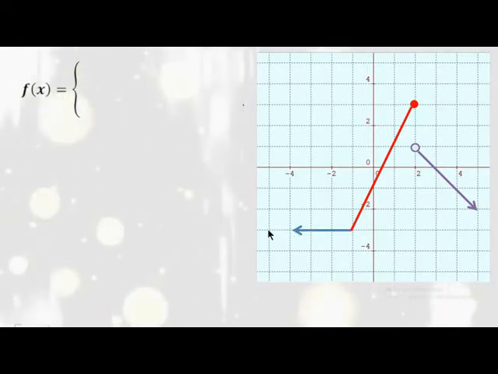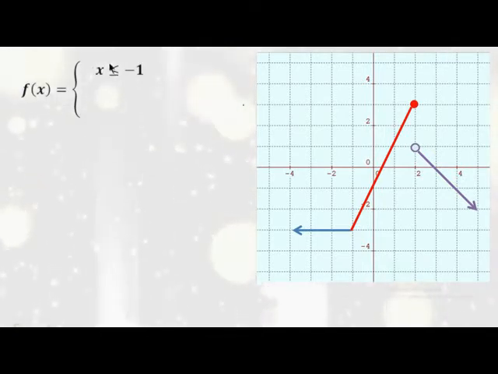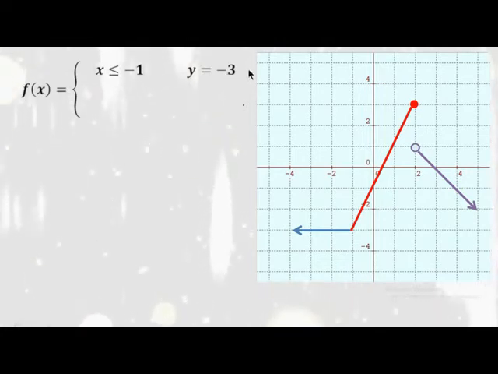It continues until negative infinity. So the domain starts from negative 1 and every number that is less than that. So x less than or equal to negative 1. How about the equation? This is a horizontal line, so the equation is y equals negative 3.